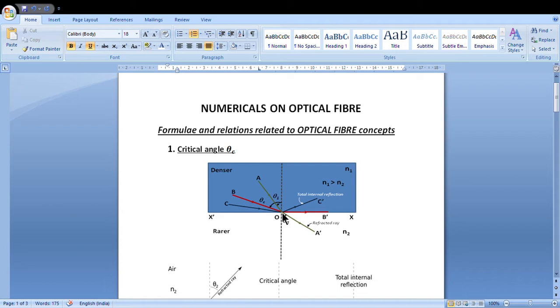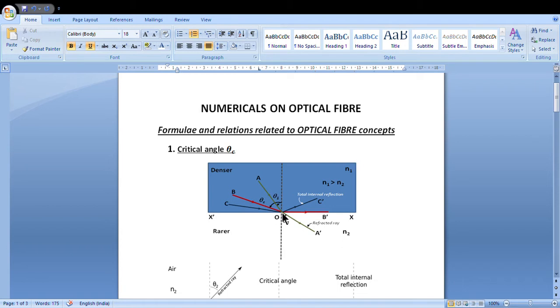Total internal reflection is one of the core topics in optical fiber. For total internal reflection to happen, the critical angle plays an important role.